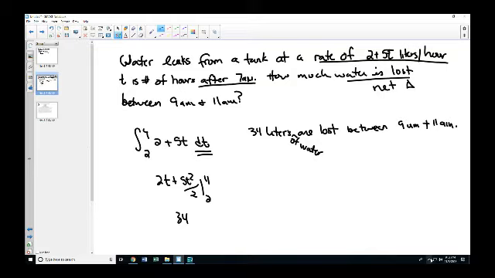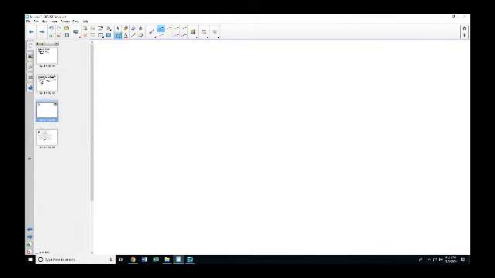So, let's talk about a velocity function over a time interval. If I integrate a velocity function, we get an output of position change.